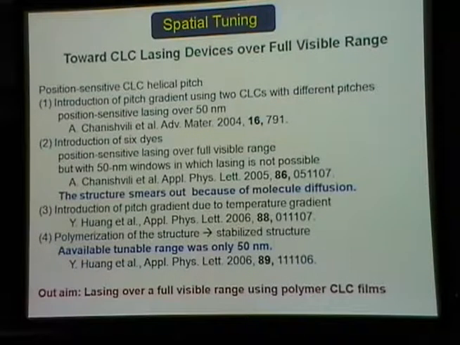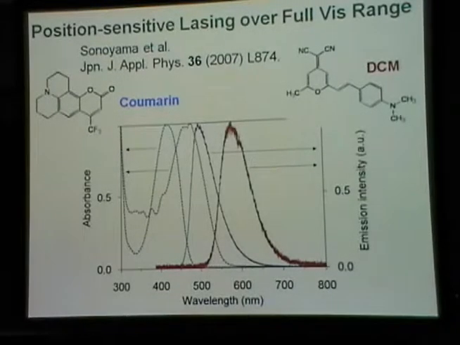So we tried. We use two dyes, coumarin and DCM, because to tune the lasing wavelength over a full visible region, the emission spectrum must cover all the visible region. In this case, this blue line is the data of coumarin.